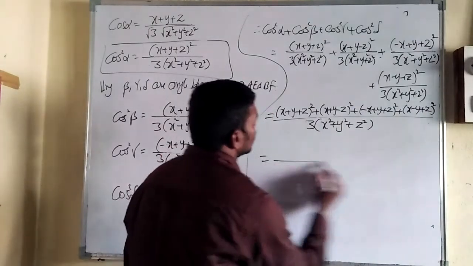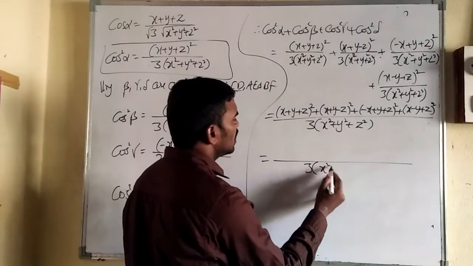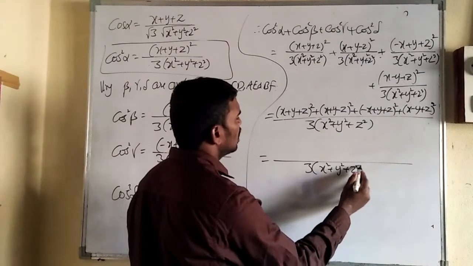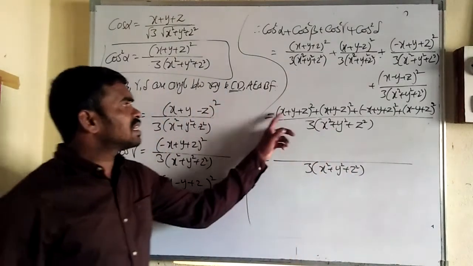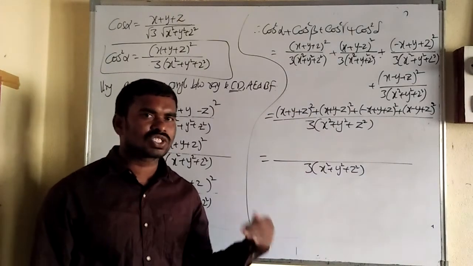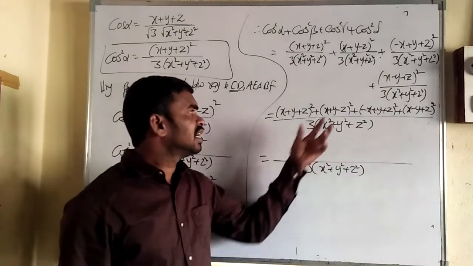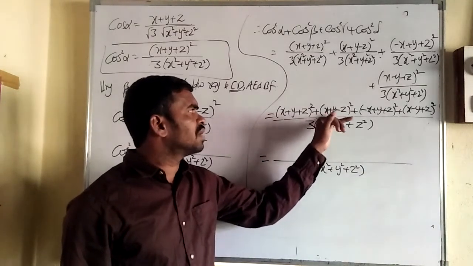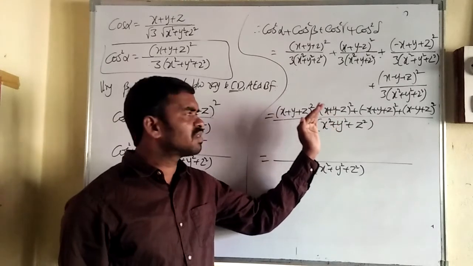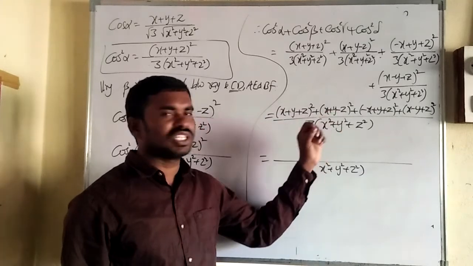Is it clear? The denominator is unchanged, but the numerator uses the (a + b + c) whole square formula: a square + b square + c square + 2ab + 2bc + 2ca. So we expand like that. This also can be expanded: x square + y square + z square + 2xy minus 2xz minus 2yz.